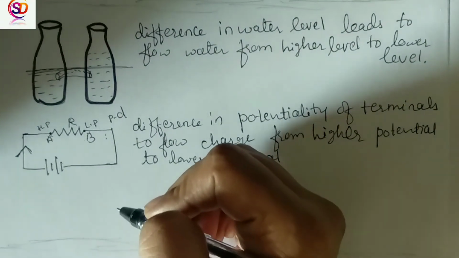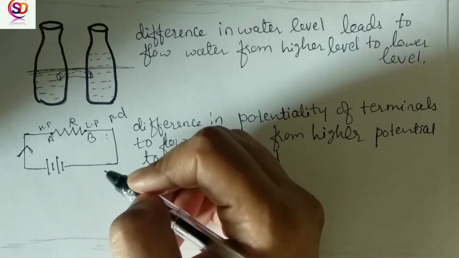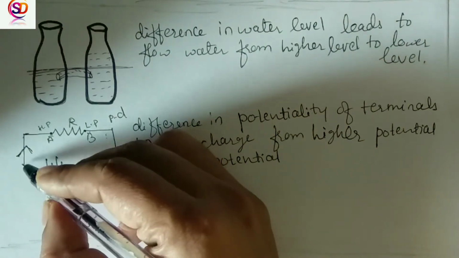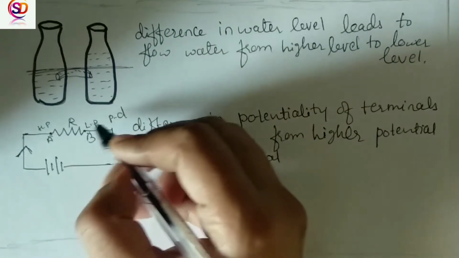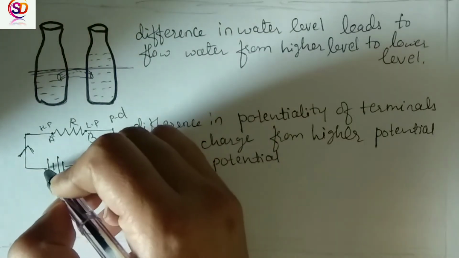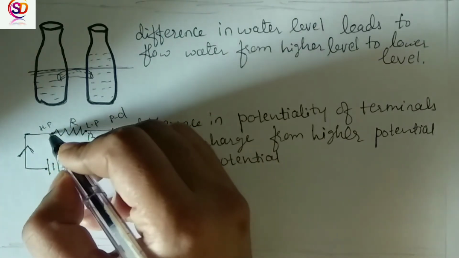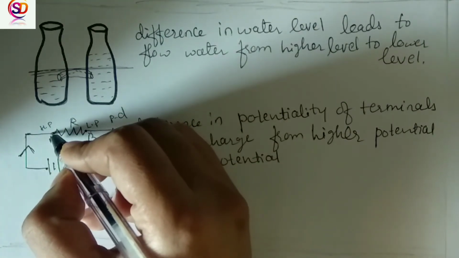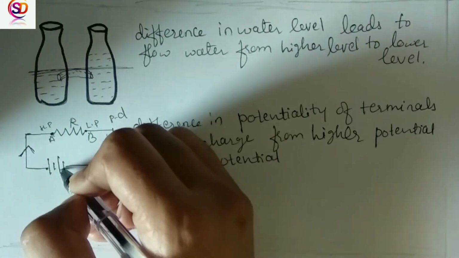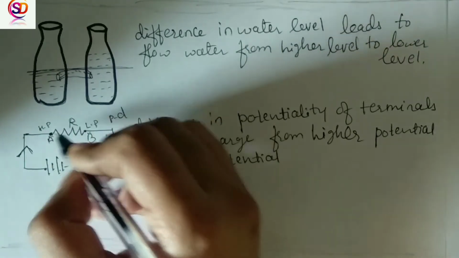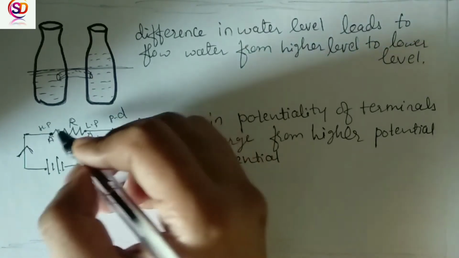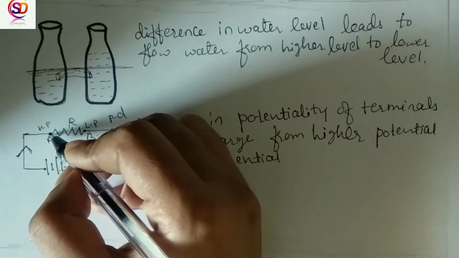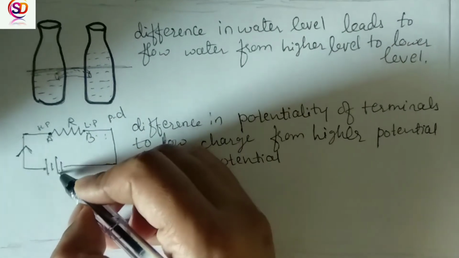Now what will happen if the Coulomb charge starts traveling from the positive terminal to the negative terminal? It starts its journey from here, and once it reaches A, it needs some potential to travel from higher potential to lower potential. So this charge has to spend some energy taken from this cell.